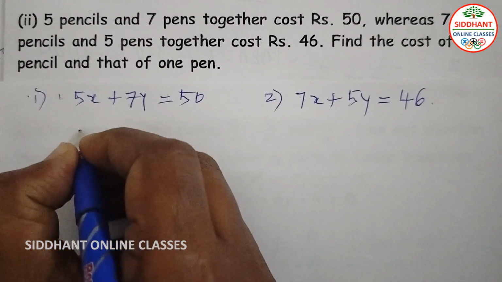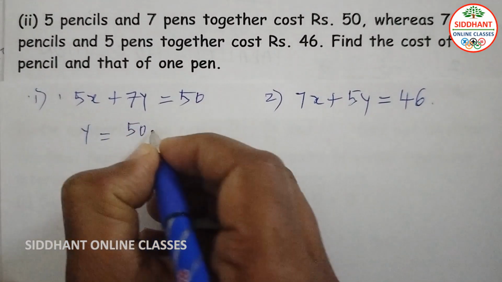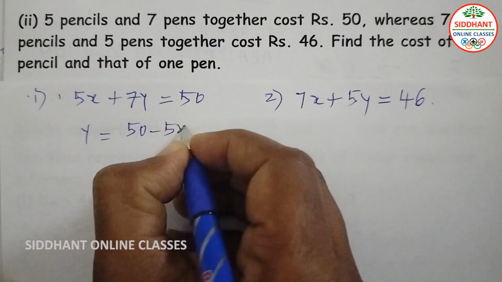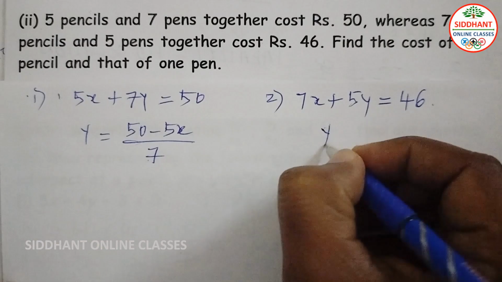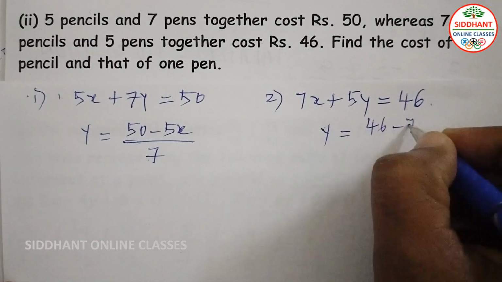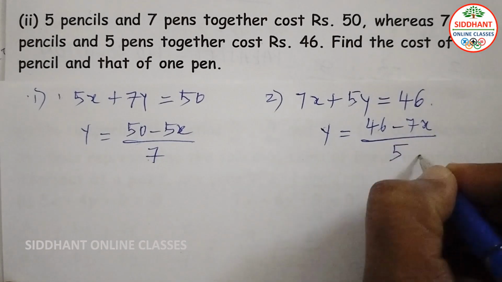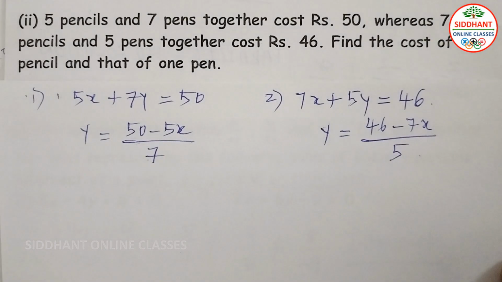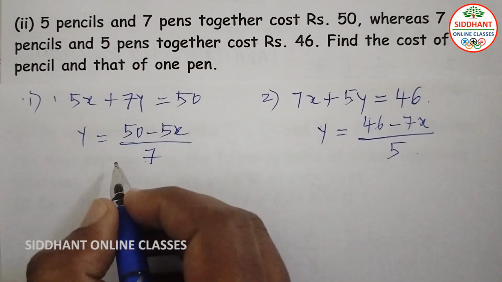So the y value is y equal to (50 minus 5x) by 7, and here y equal to (46 minus 7x) by 5. Now we find the values of x and y.